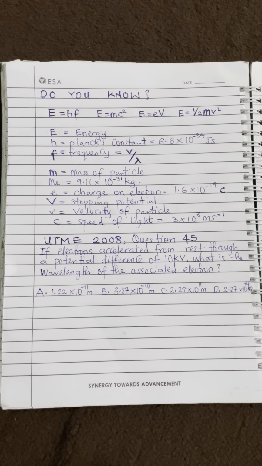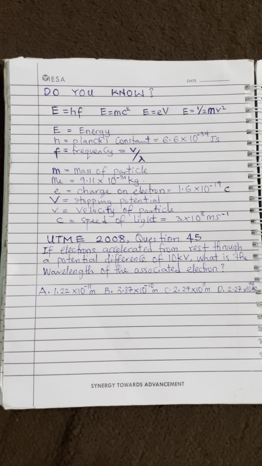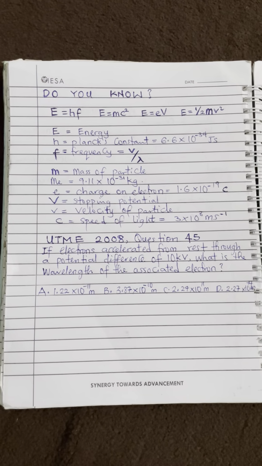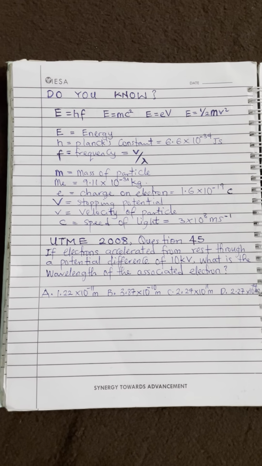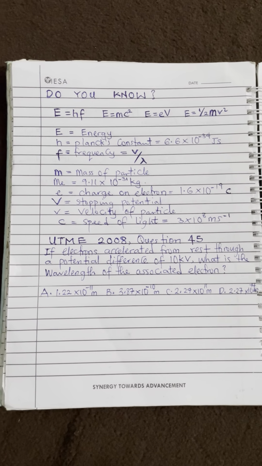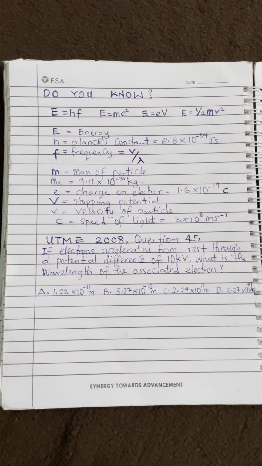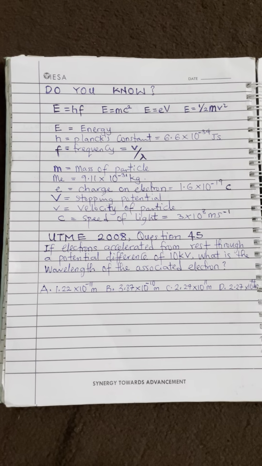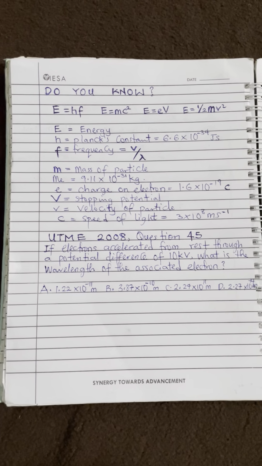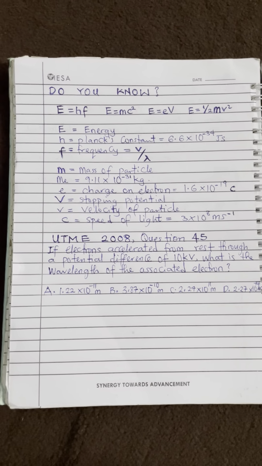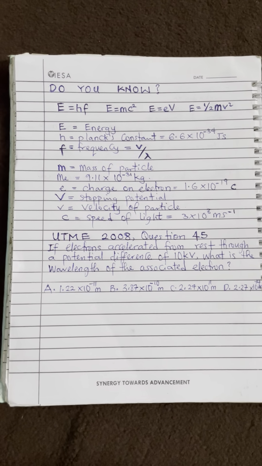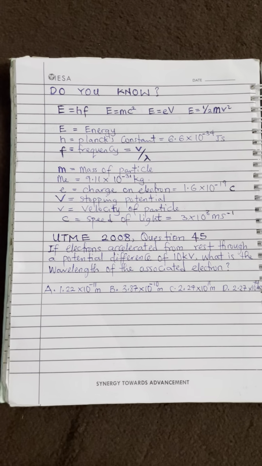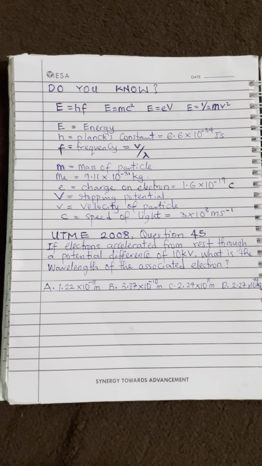And if they are talking about an electron in the question, you make use of the mass of electron, which is 9.11 times 10 raised to power minus 31 kilogram, and e, which is the charge on an electron, is equal to 1.6 times 10 raised to power minus 19 coulomb, and big V is stopping potential, or sometimes they call it potential difference in the question. Small v is the velocity of the particle, and sometimes it could be equal to the speed of light, which is equal to 3 times 10 raised to power 8 meter per second.